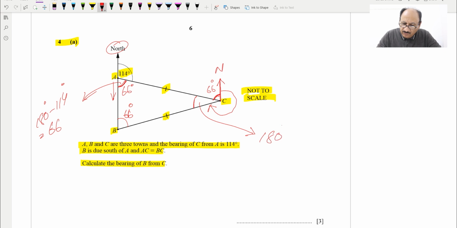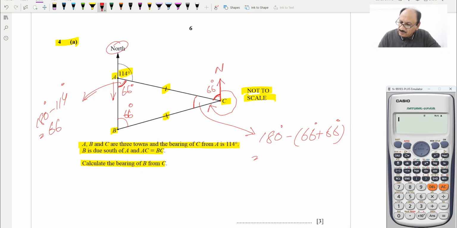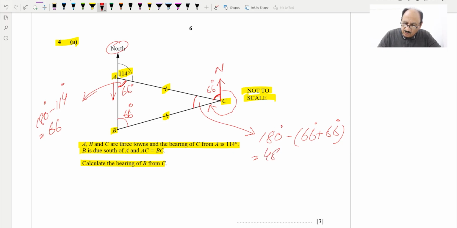So this angle will be 180 minus 66 plus 66 degrees, and this one we can calculate 180 minus in bracket 66 plus 66, and this is giving us 48. So we got angle 48. Now to calculate the bearing, we will see 360 minus two angles.